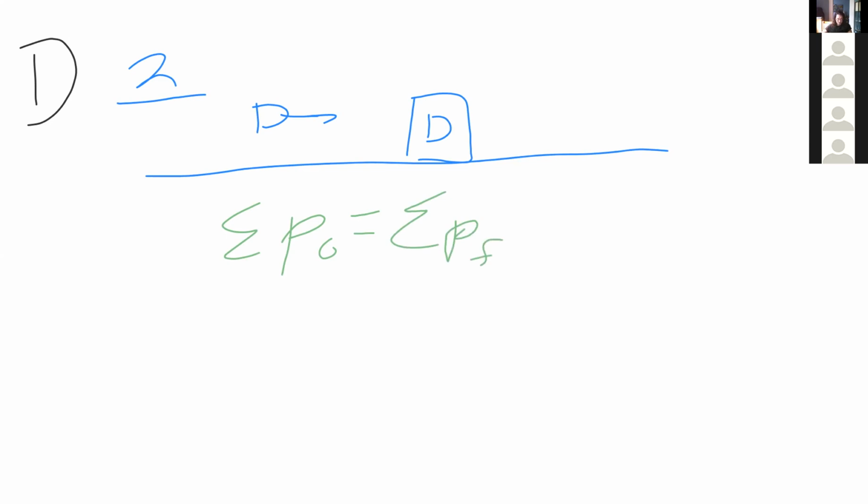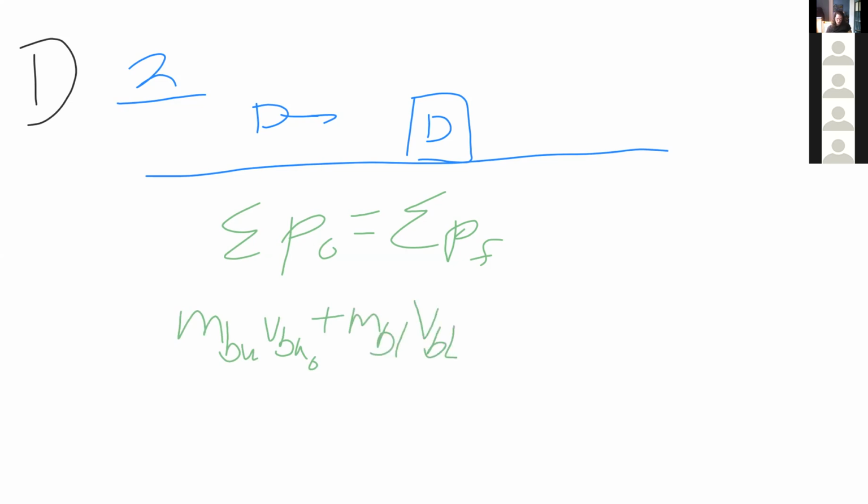In our initial picture, we have the mass of the bullet, which we'll say is m_BU, times the velocity of the bullet initially, plus the mass of the block, m_BL, times the velocity of the block.